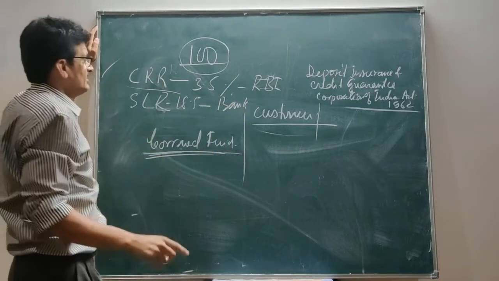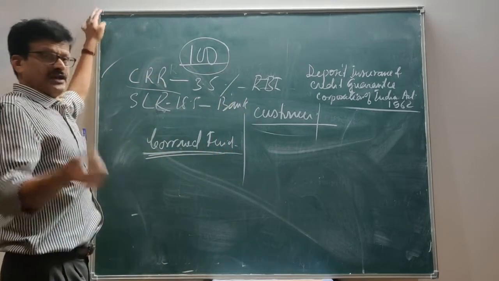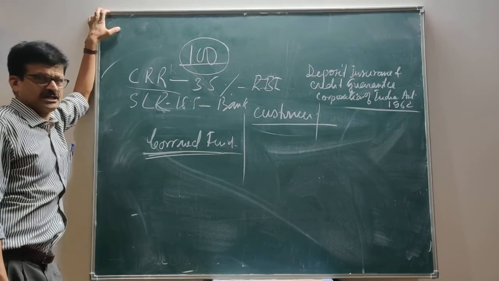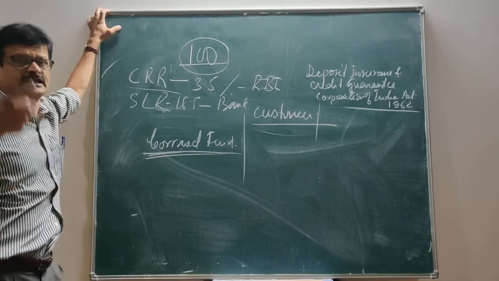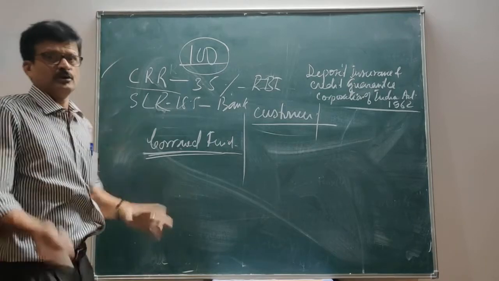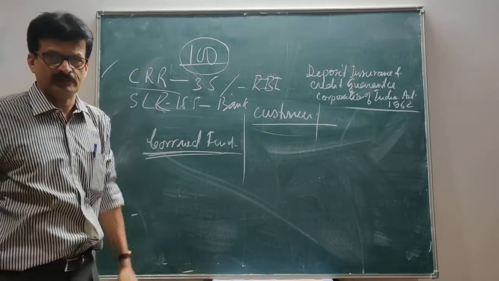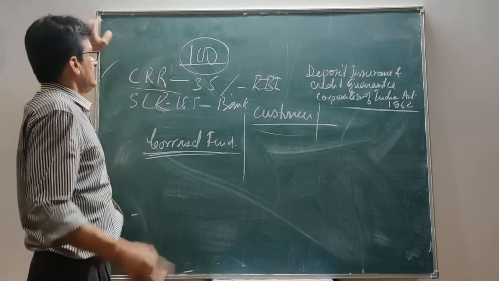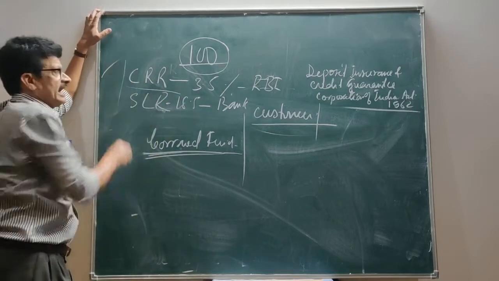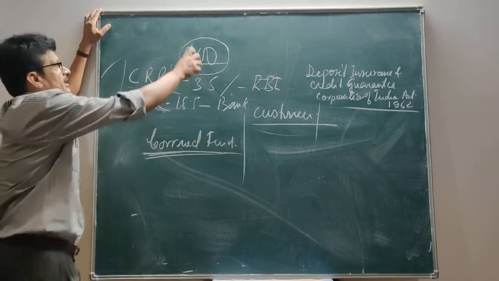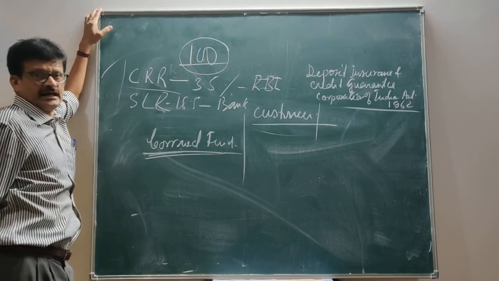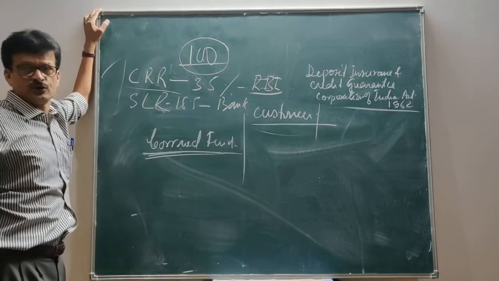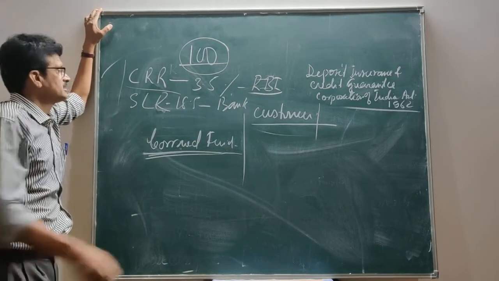Please note, you have taken those savings deposits, fixed deposits, recurring deposits from the customers, for whom you have promised to repay with interest, correct? Out of the so much money that you have borrowed from the people in the form of deposits, there are regulations like cash reserve ratio: out of 100 crores, 3.5 percent should be deposited with the RBI, which attracts no rate of interest from RBI to banks.